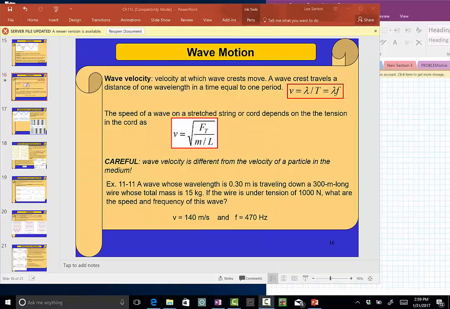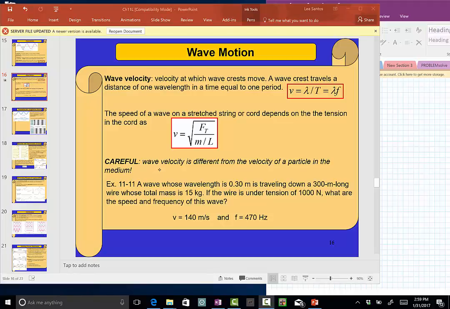Okay, so this is the continuation of chapter 11. We just finished this problem 11.11, this example from the book. There is a comment here that I think is important for you to see, which says that the wave velocity is different from the velocity of a particle in the medium.